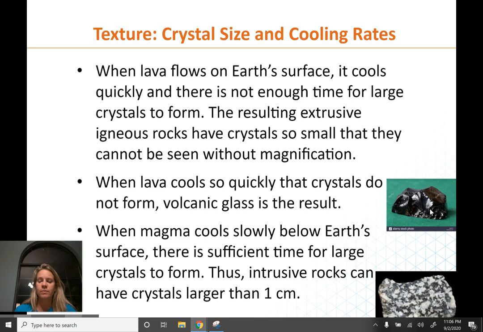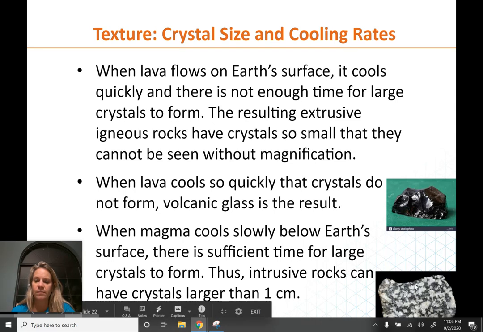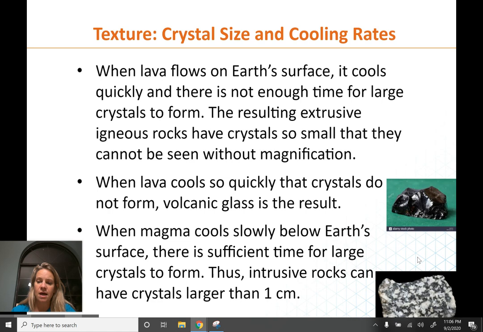The reason I know that is because I don't see minerals in there. I don't see any colors except for black. And then this one on the bottom is gabbro. It has large crystals and it's intrusive. I can see different colors, so that means that it's intrusive. It formed inside the earth and cooled very slowly.